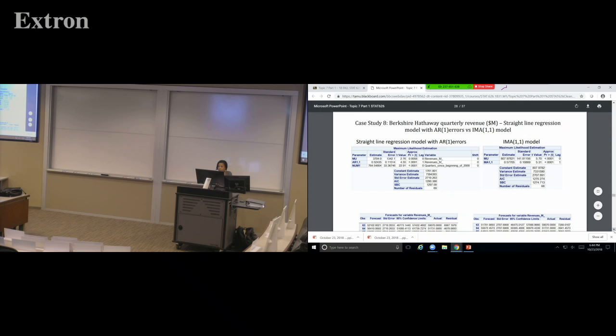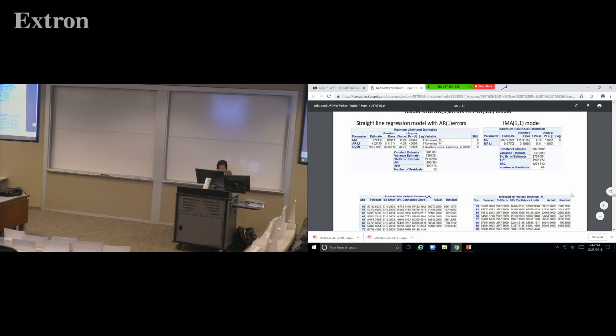If we delve a little deeper than just looking at the forecast, you'll see that the integrated moving average 1,1 does have a lower AIC and SBC than our straight line regression model with AR1 errors. The AIC is 1270 compared to 1290, and the SBC is 1274 compared to 1297.